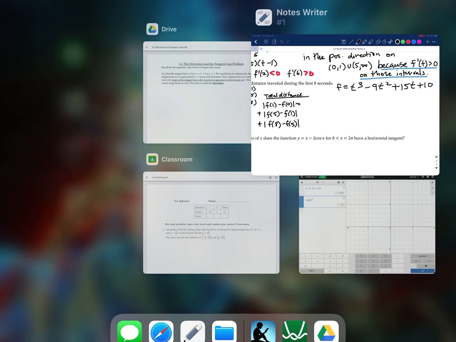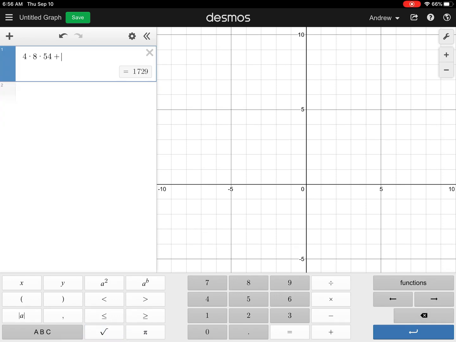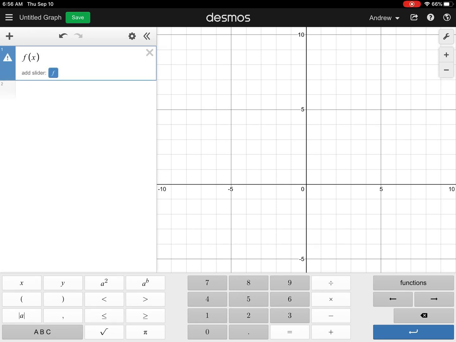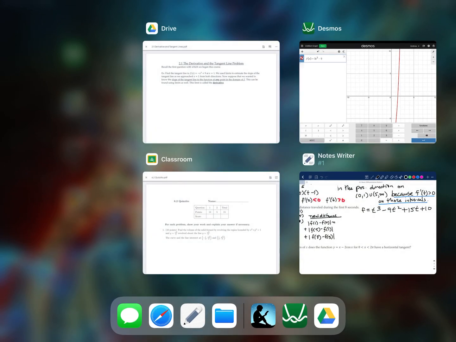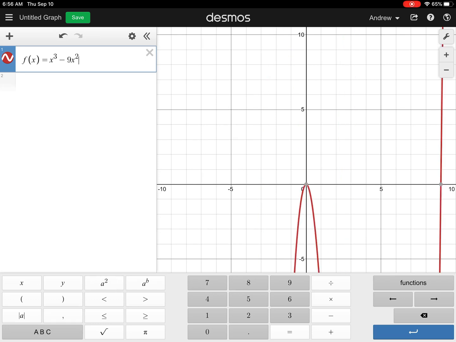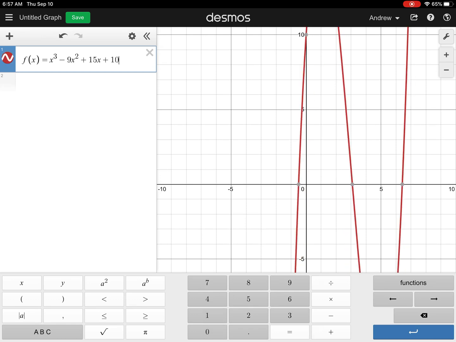So f of 1 and f of 0. Actually, why don't we just put this into Desmos. So we'll do f of x equals x cubed, sorry, minus 9x squared plus 15x plus 10.